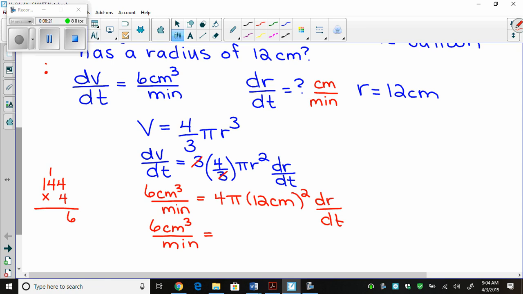Oh yeah, it's not just you. It's the entire room. 4 times 4 is 16, carry the 1. 4 times 4 is 16 plus 1, which is 17, carry the 1. 4 times 1 is 4 plus 1, 576. So we get 576 pi centimeters squared dr dt.